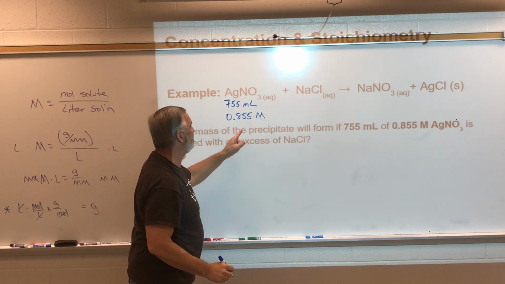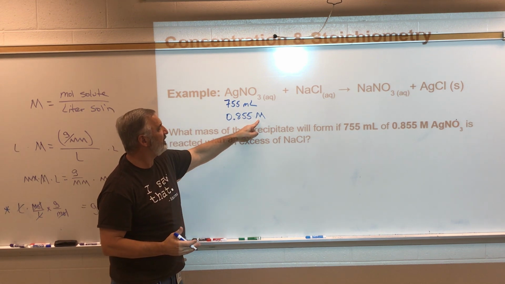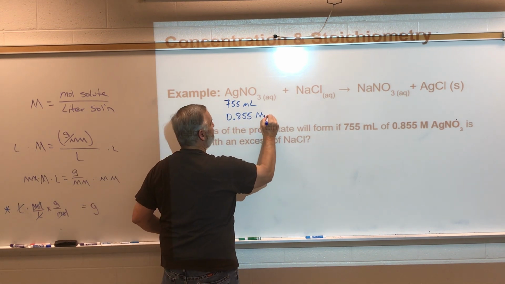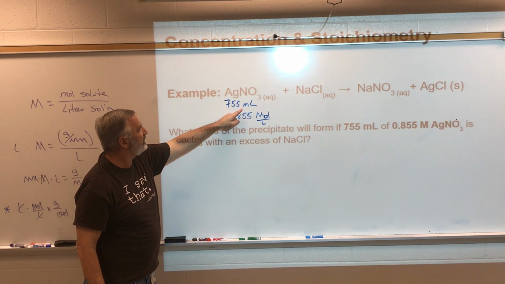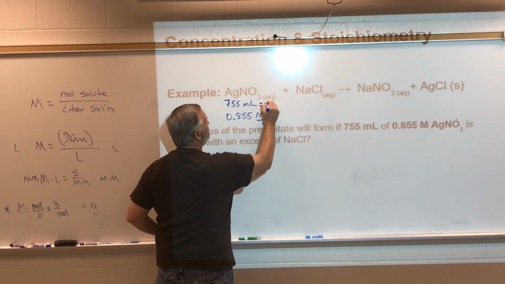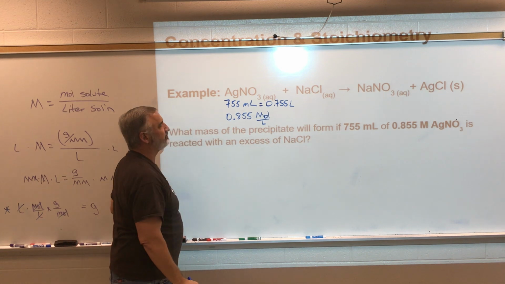But you have to realize that that really means moles per liter. Molarity is moles per liter, so I'm going to write that as moles per liter, which means that I'm going to have to make this liters. But I know I can do that in my head, 0.755 liters.